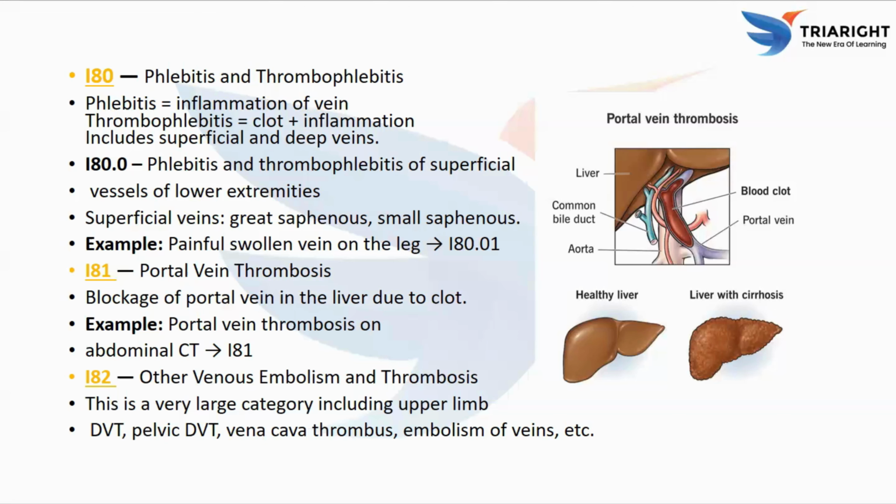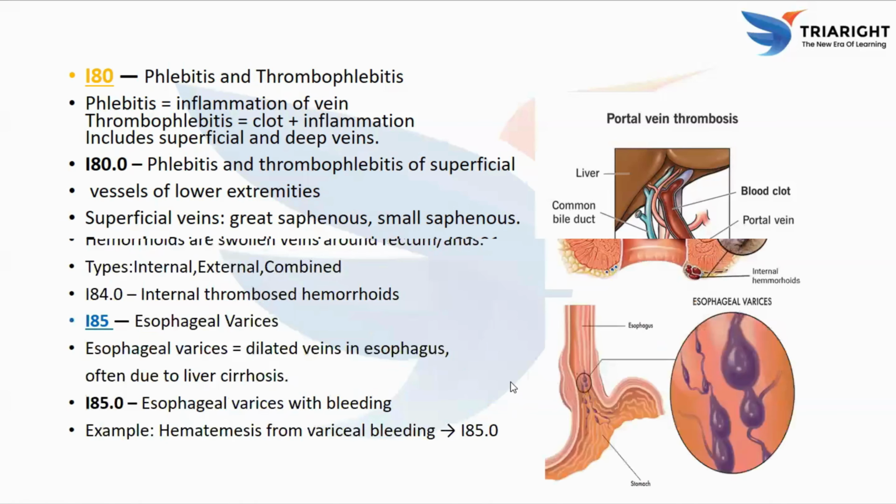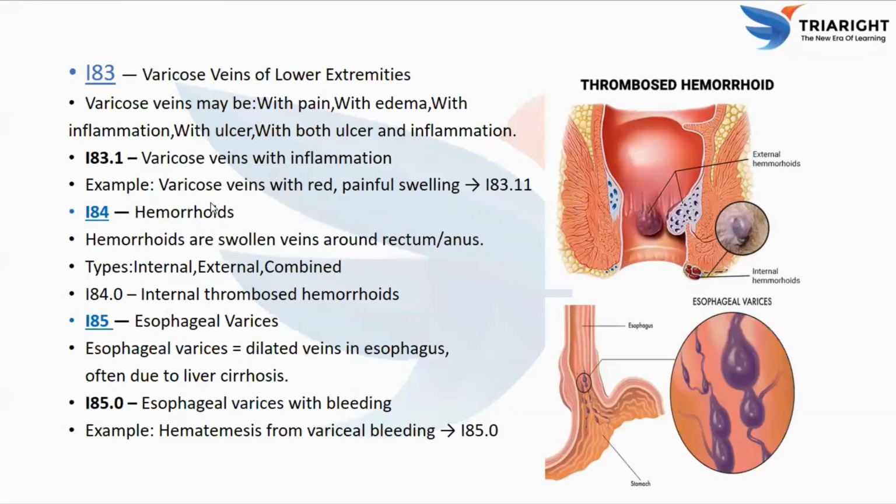You have to assign the code I-82 whether a vena cava thrombus is diagnosed or an embolism of the veins is diagnosed. Next, coming to the I-83 code. The range in ICD-10-CM from I-83 to I-85 includes the varicose veins and also the hemorrhoids.